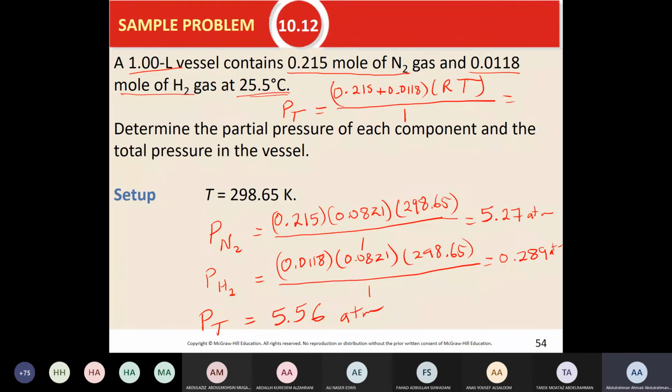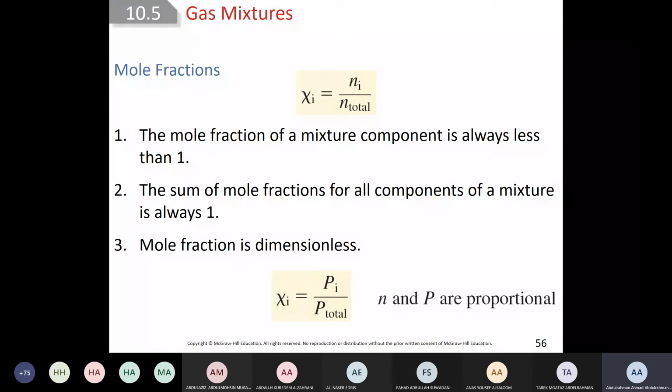Yes. Very good. Now, let me talk about another thing. Mole fraction. What's mole fraction? Mole fraction is the moles of one component over the total mole. I want you to memorize this letter, which is X, but slightly bent like this. What's this letter called?